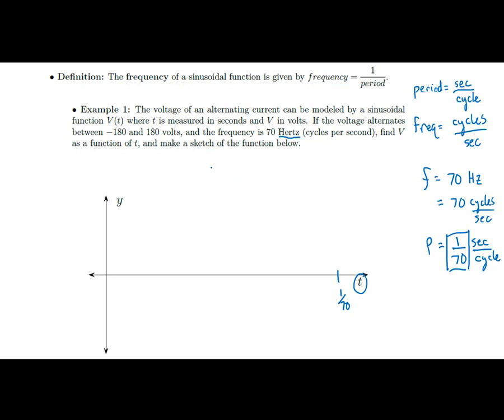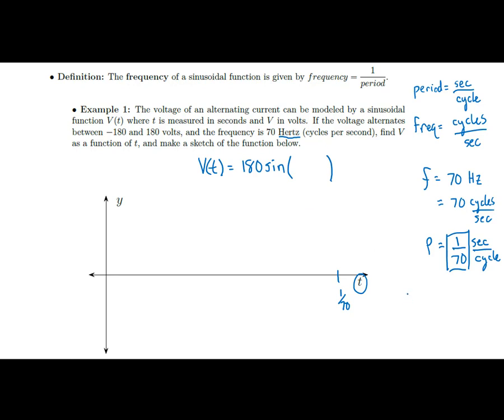Okay, so we would say here v of t is equal to, well, we need an amplitude, right? So the amplitude, since it's going between negative 180 and 180 volts, probably should just be 180. And then I'll put the sine, okay? And we've done this many times now. It's the sine of bt, okay?